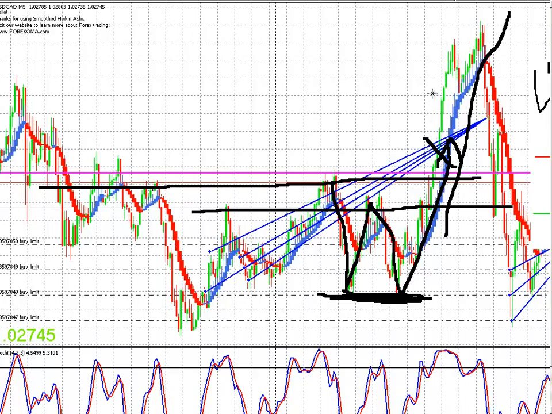So 1, 2, 3, then it consolidates. You could either wait for the pullback and trade that or skip that. So skip that. So then another 3. So 1, 2, 3, 4, 5. 5 trades again. Seems pretty easy.